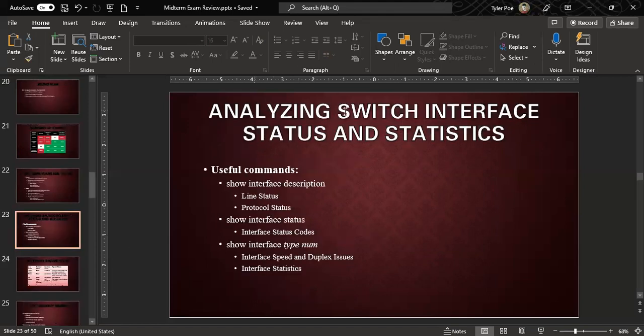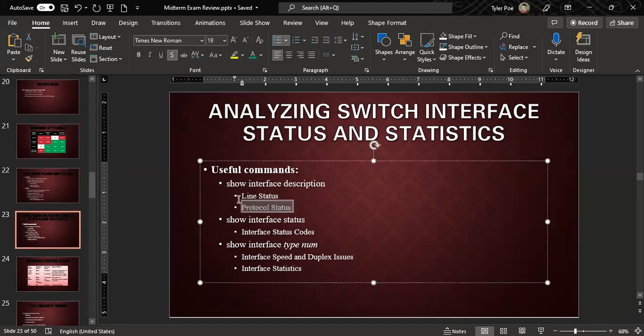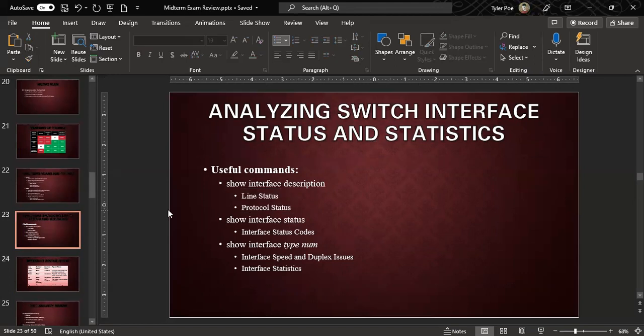So here are some tips for troubleshooting switch interface status and statistics. Show interface description is good for looking at the line protocol status, like looking for down or admin down/down. Show interface status basically shows the status codes, which are basically the same as this.